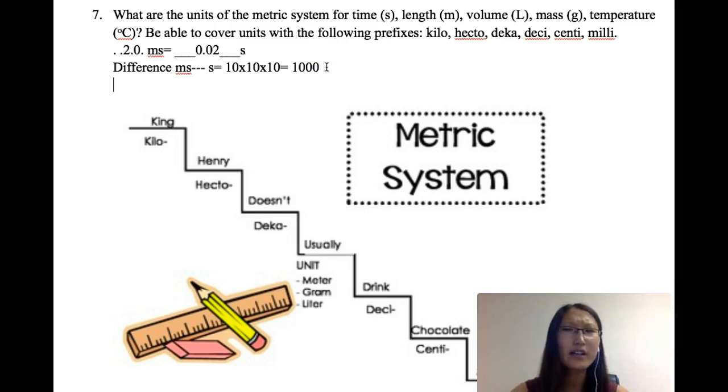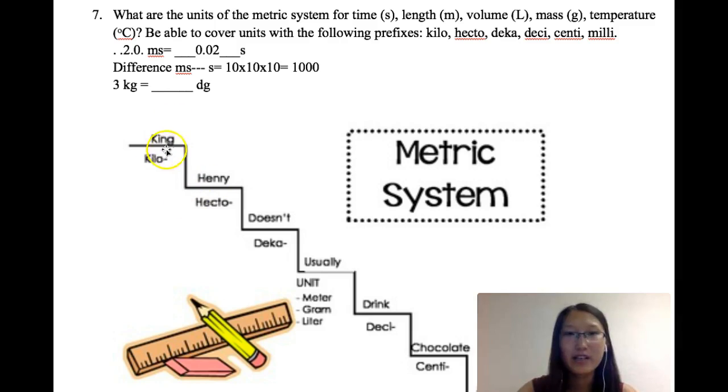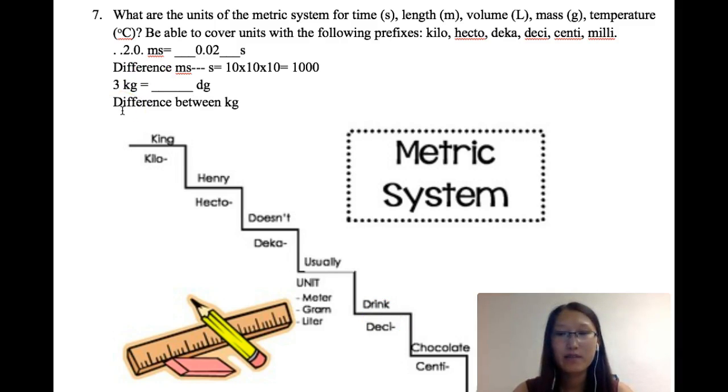Okay. Another example could be, let's do kilogram. Let's do 3 kilogram equals to how many decigram, even though nobody uses that. So if you look on here, from kilo to deci, 1, 2, 3, 4. The difference between kilogram and decigram is 10 times 10 times 10 times 10 equals to 10,000.